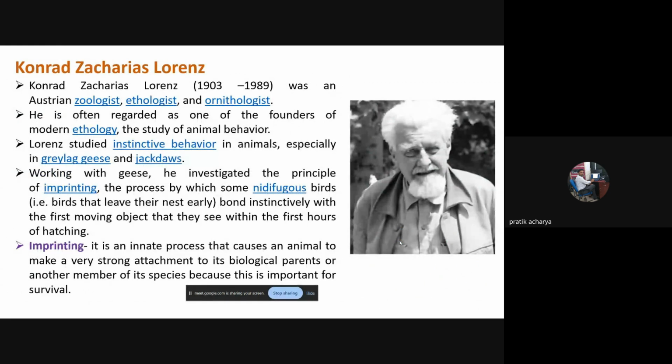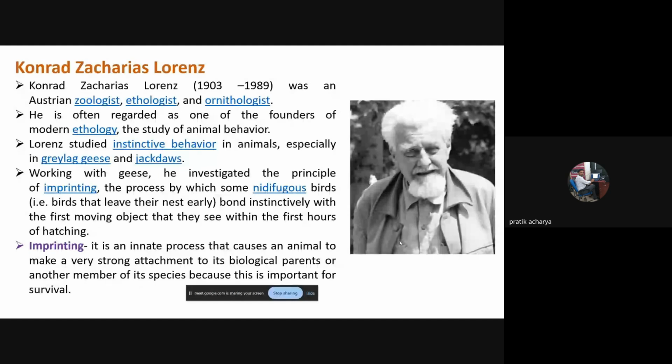Then another scientist, according to your course, with an important contribution is Konrad Lorenz. He emphasized ethology, the advanced form of ethology, and he particularly explained instinctive behavior in animals. Instinctive behavior means imprinting behavior.